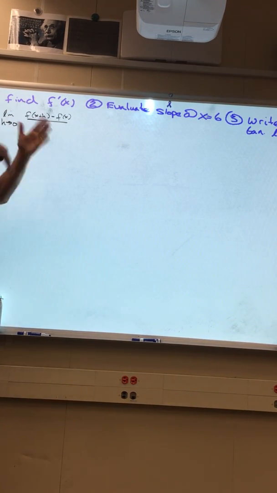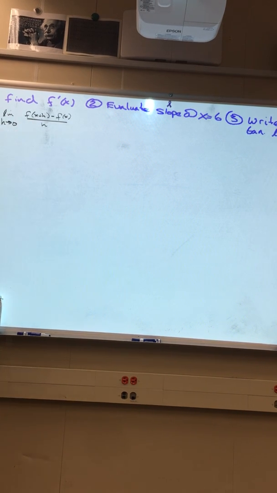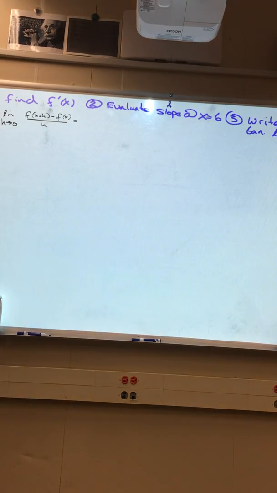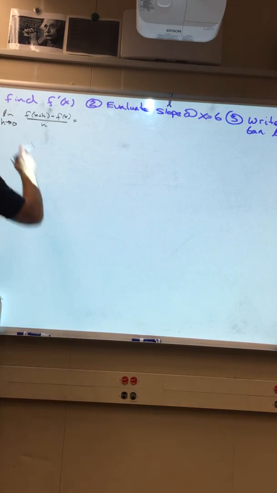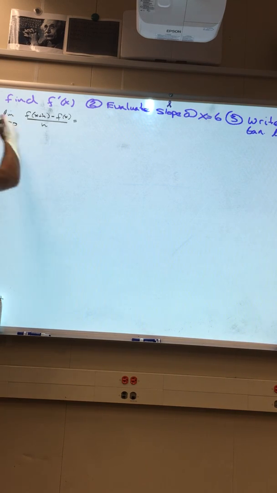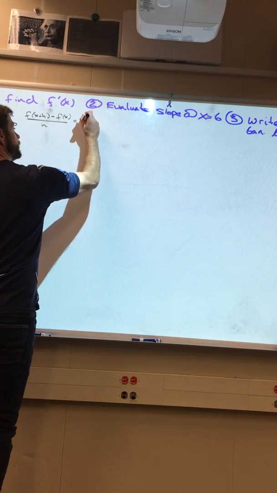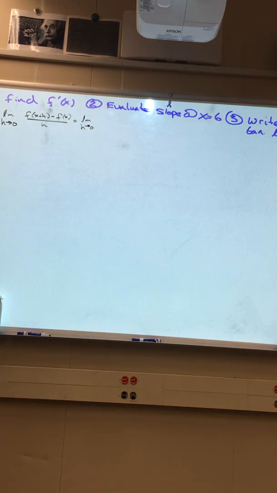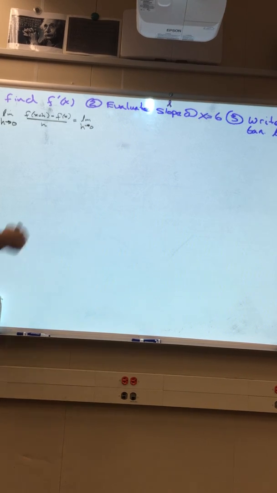If you show me the function once you plug the x plus h in, no busy work is needed, just correct math. I'm going to move horizontally because of the screen, so I'm going to bring my limit notation along every time: the limit as h approaches 0. You can be lazy and just move your little one line down every time, so I know it's there. I'm going to plug it in.